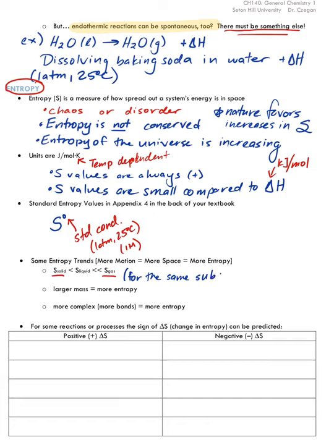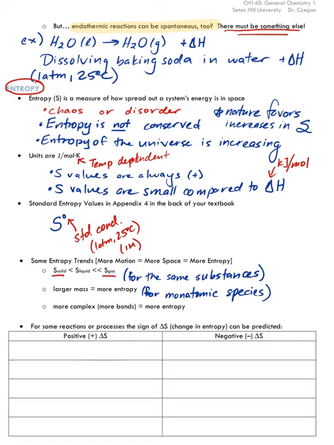But even between substances, if we're comparing things that are solids or liquids to a gas, the gas will always win in terms of entropy regardless of the substance. Another trend in entropy is that a larger mass equals more entropy, and this is for monatomic species. So basically looking at atoms by themselves or a monatomic ion.